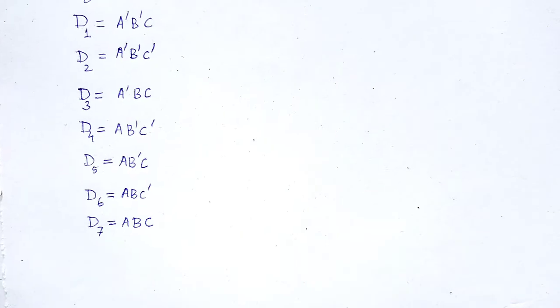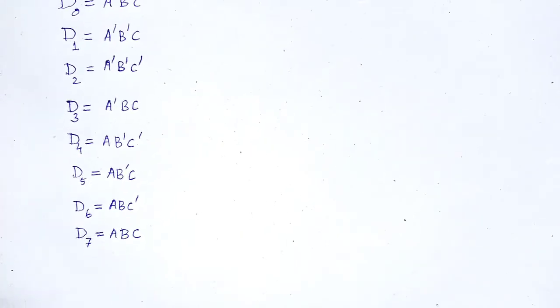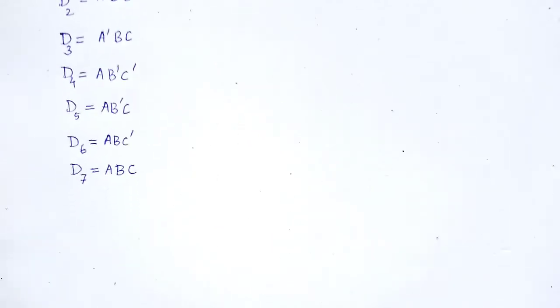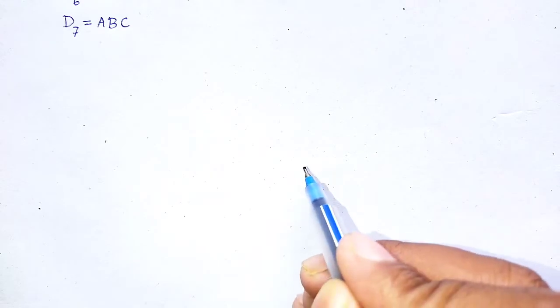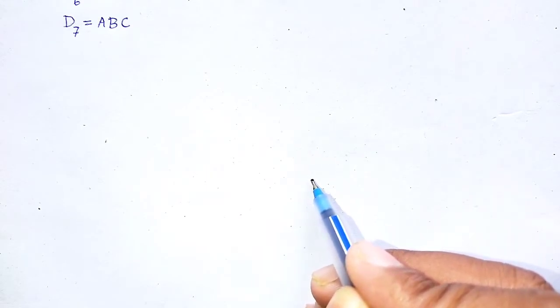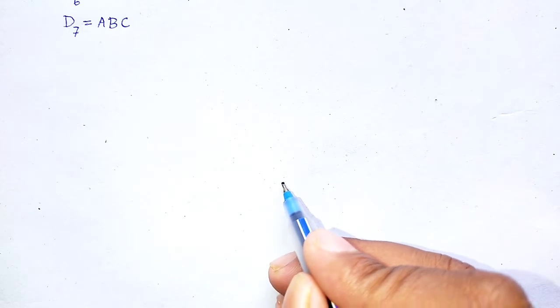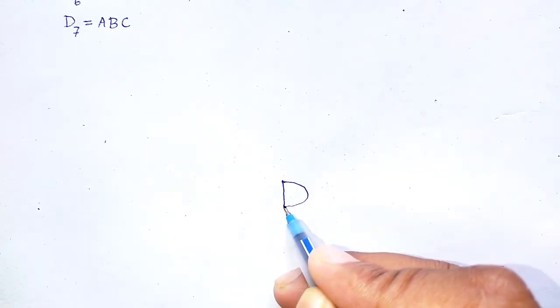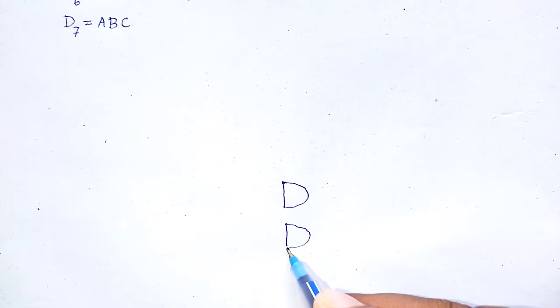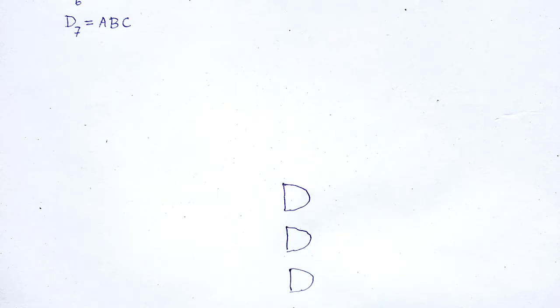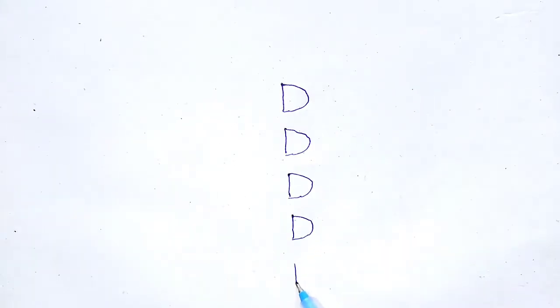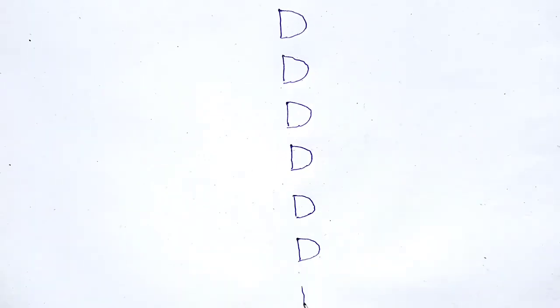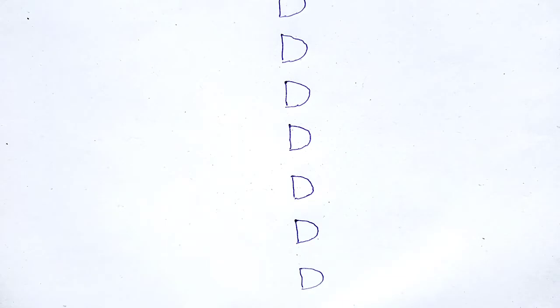The logic circuit: eight number of AND gates, one, two, three, 4, 5, 6, 7, 8.